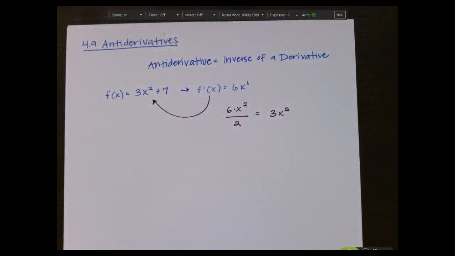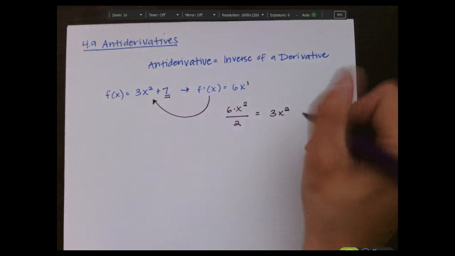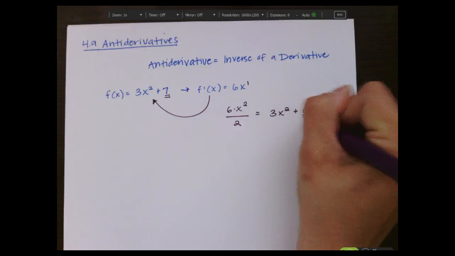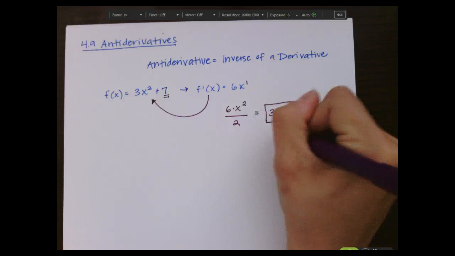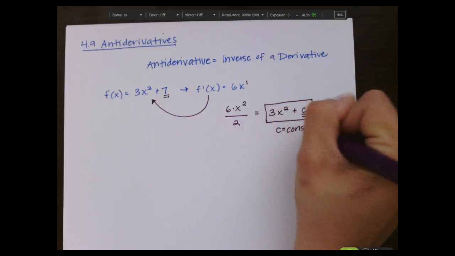But you can see here that we only ended up with a 3x squared, and we are basically off by a constant. So what we'll do with the antiderivative is we'll add c, being a constant, to our answer.